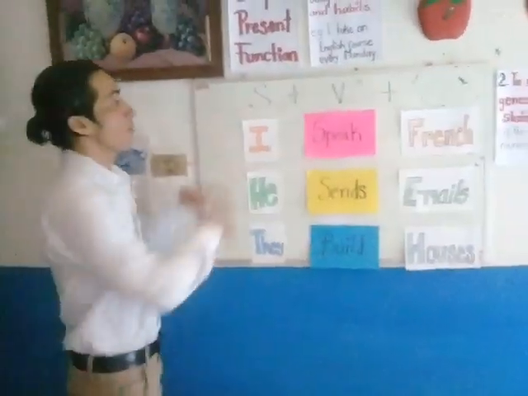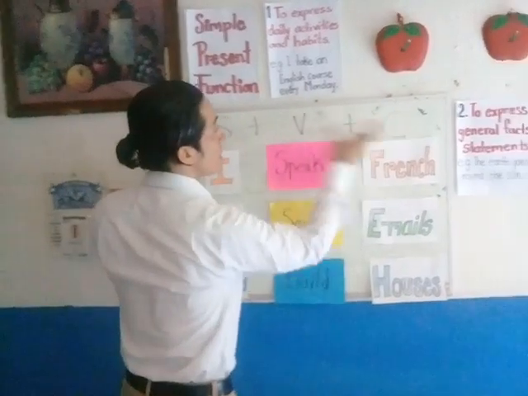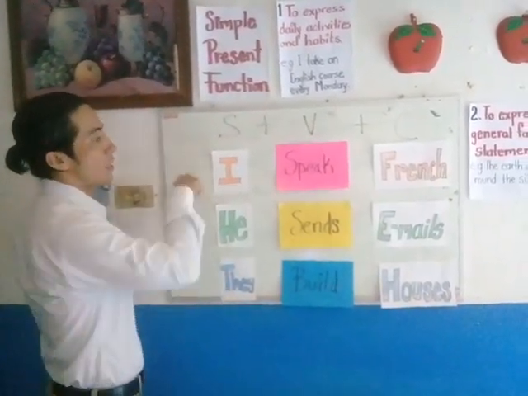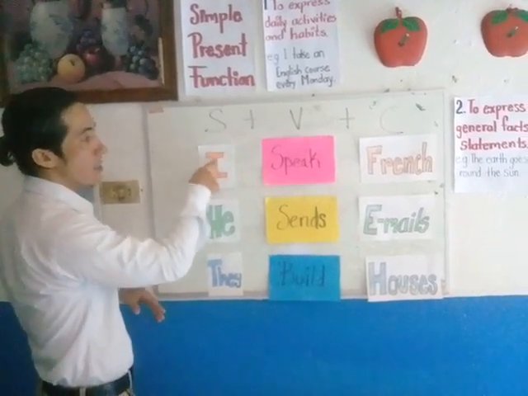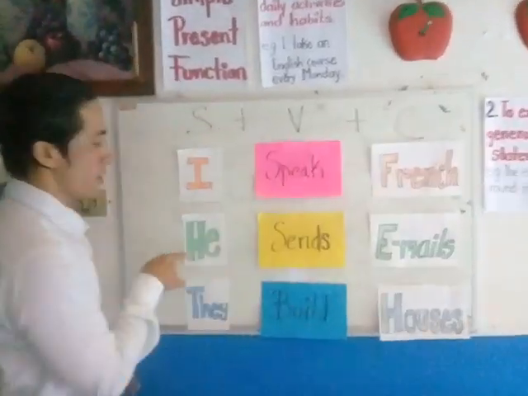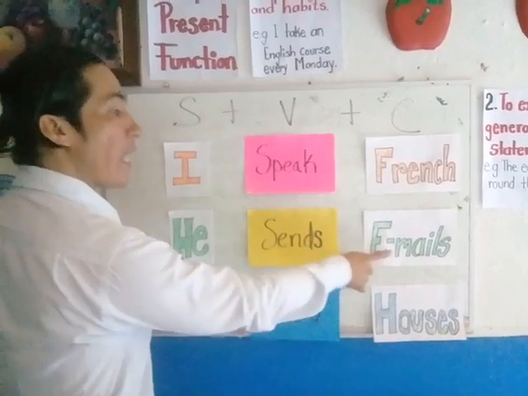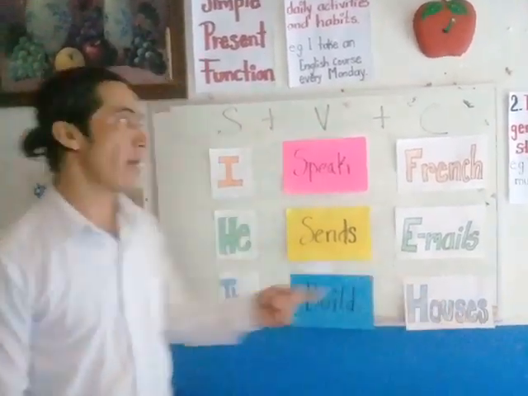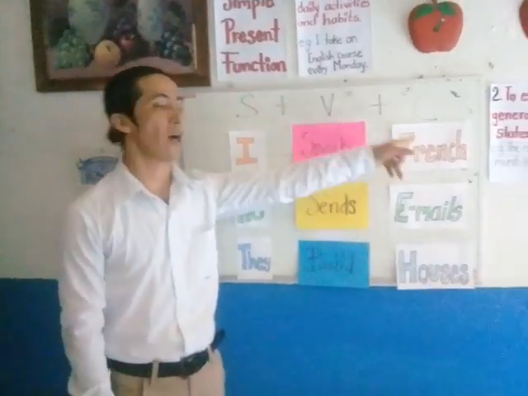In this way, we follow the general structure in the affirmative form. For example, I speak French. He sends emails. They build houses. Remember, subject, verb, complement.